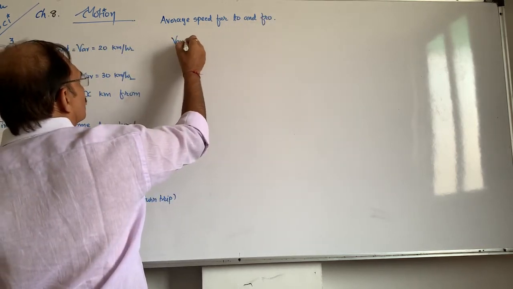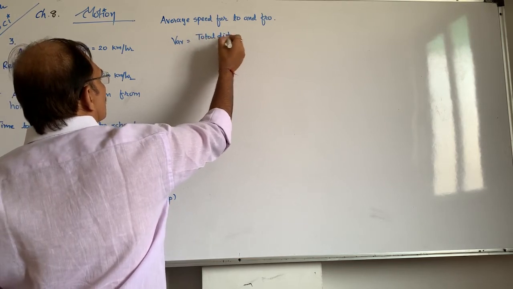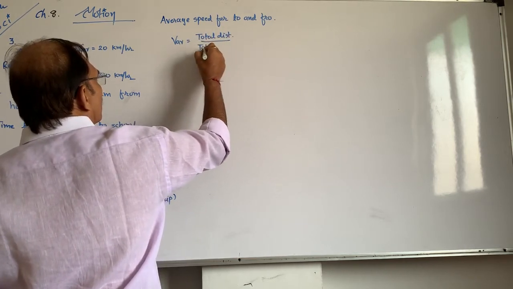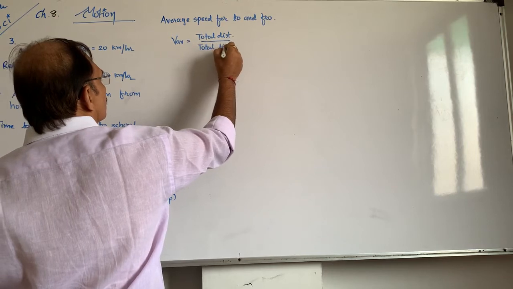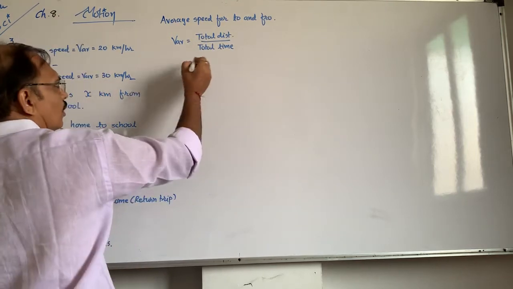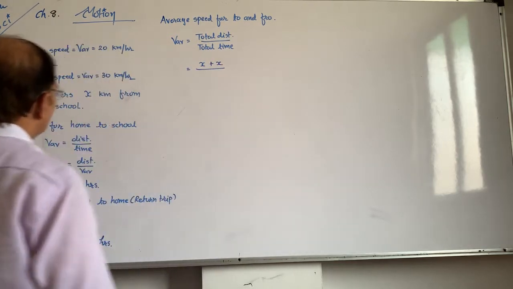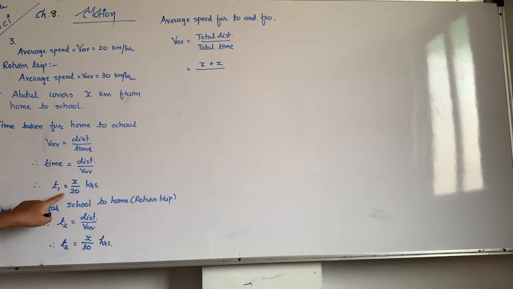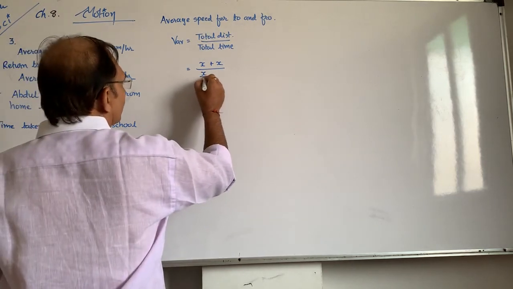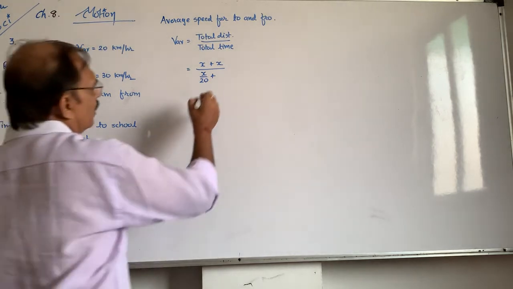V average equals total distance upon total time. Total distance is from home to school x, school to home also x. Total time from home to school is x upon 20, from school to home is x upon 30.